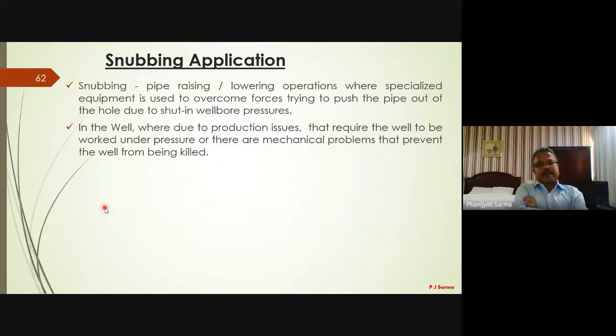Snubbing is a pipe raising and lowering operation where specialized equipment is used to overcome the forces trying to push the pipe out of the hole due to the wellbore pressure. When a well is shut in, certain well pressure accumulates, and when we try to snap in against that pressure, it will always try to force the pipe out. So the snubbing operation has to be against that pressure.